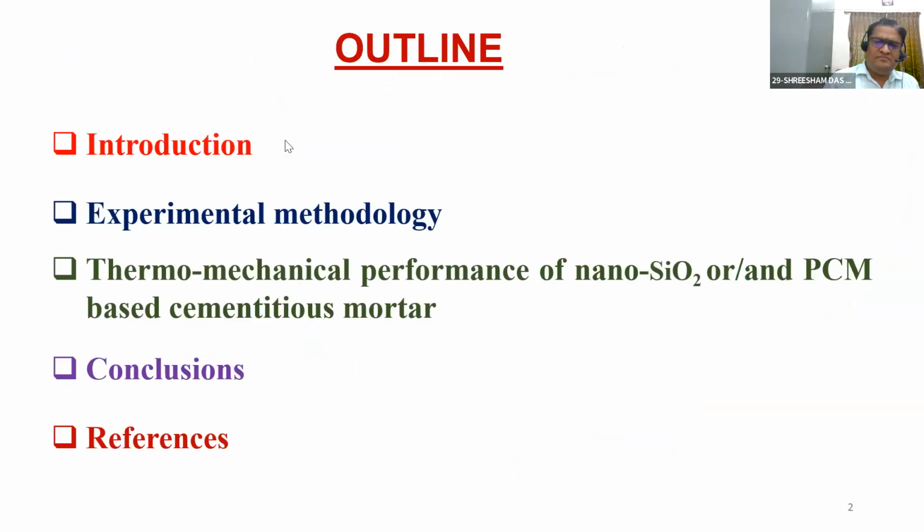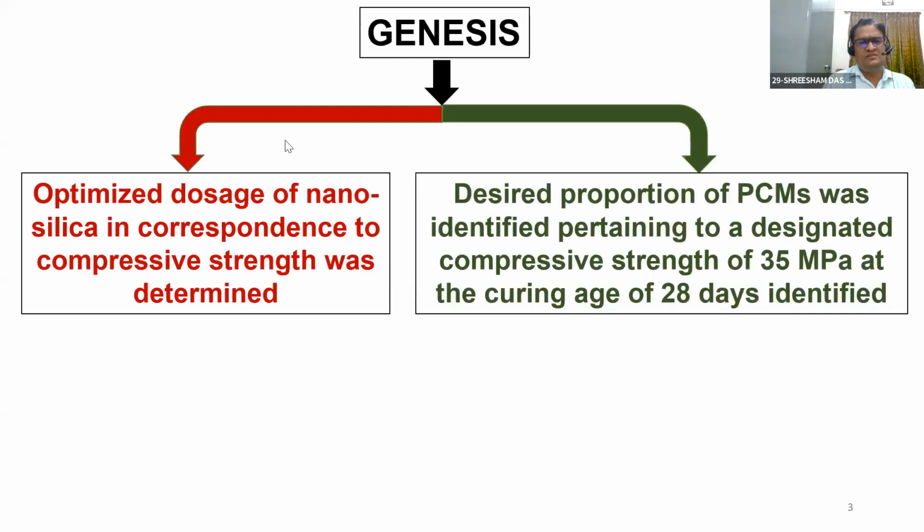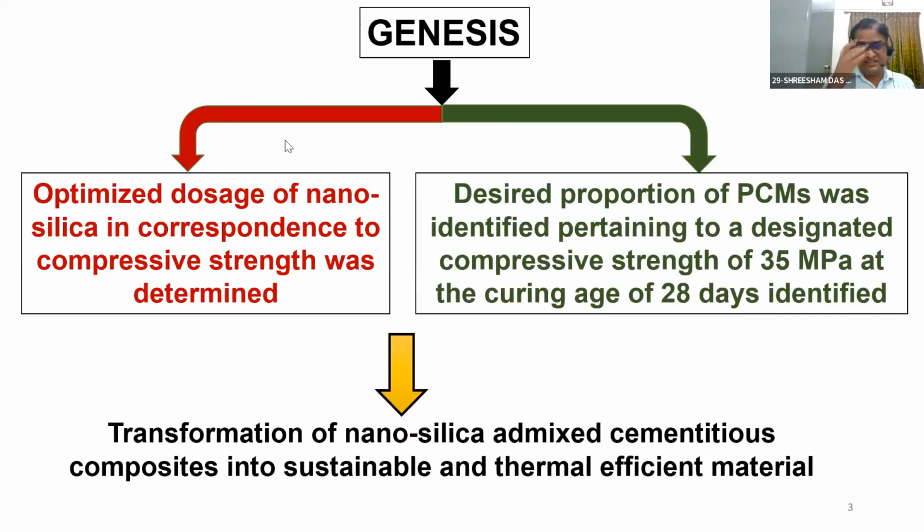So my presentation will go in this way. So what is the genesis? The genesis is that the concrete or cementitious system at this point of time is necessarily to be a high performing material and necessarily to be a sustainable material.